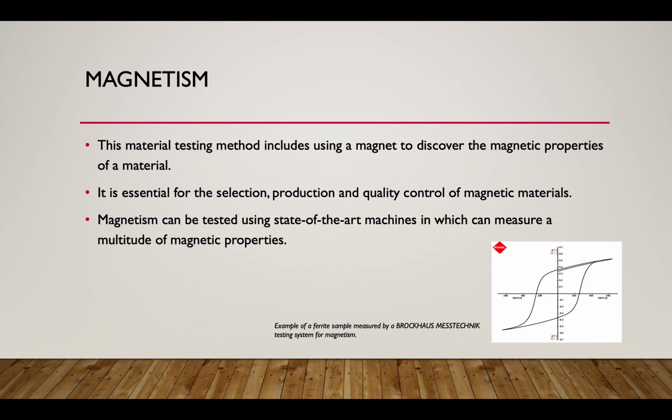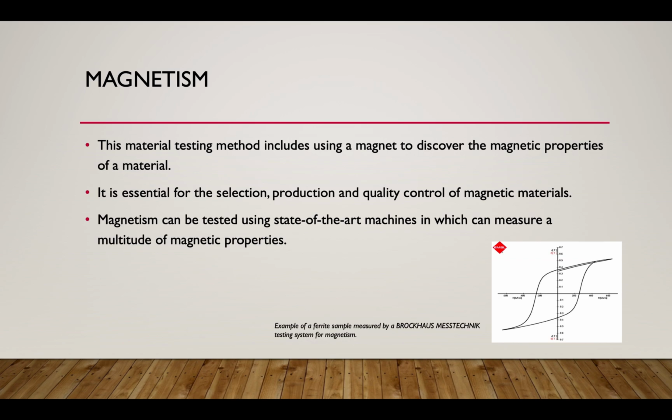Magnetism is another property of a material that can be tested. The material testing method includes using a magnet to discover the magnetic properties of a material. It is essential for the selection, production, and quality control of magnetic materials. Magnetic materials are necessary when choosing materials for the manufacturing of sound systems, electric motors, transformers, and sensors.